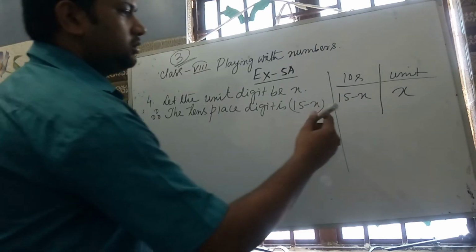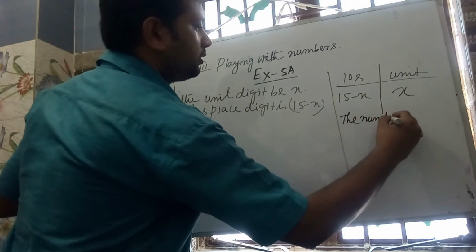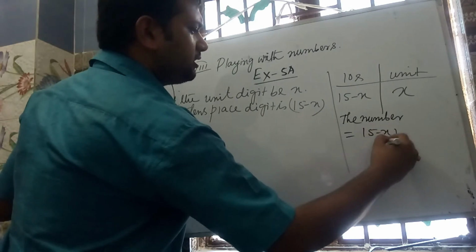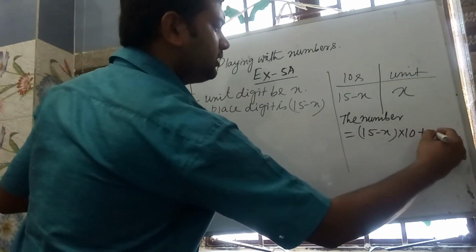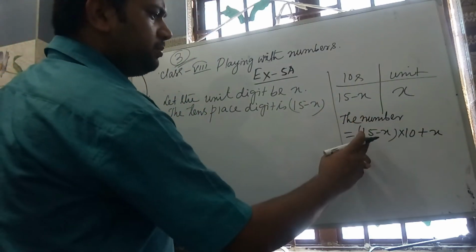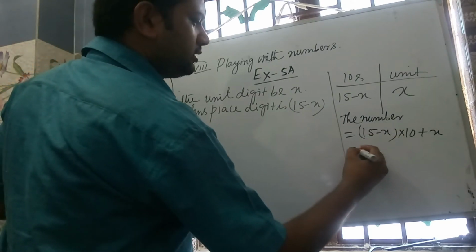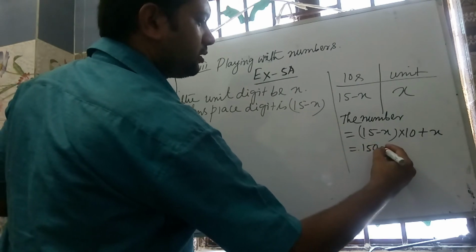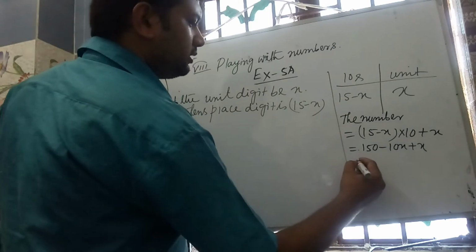So the number will be, obviously, tens place digit into 10 plus unit digit, as you all know. So the number will be (15 minus x) into 10 plus x. Just calculate it. 150 minus 10x plus x.